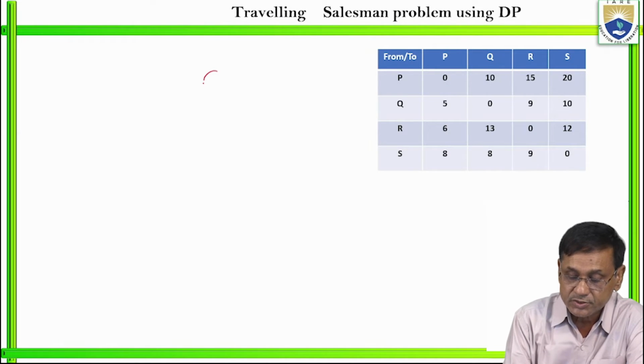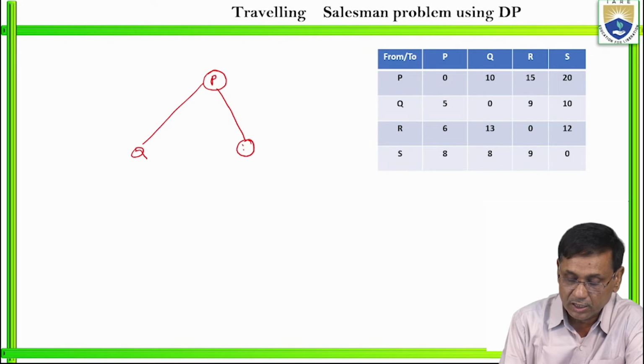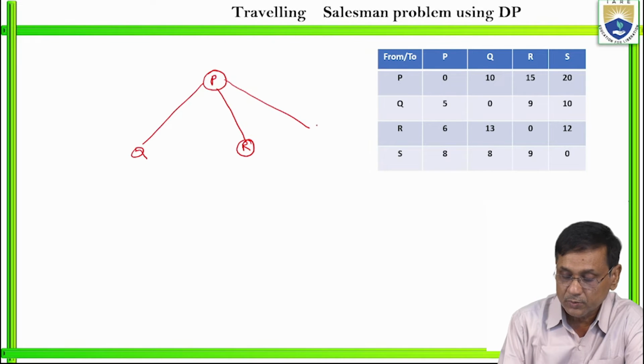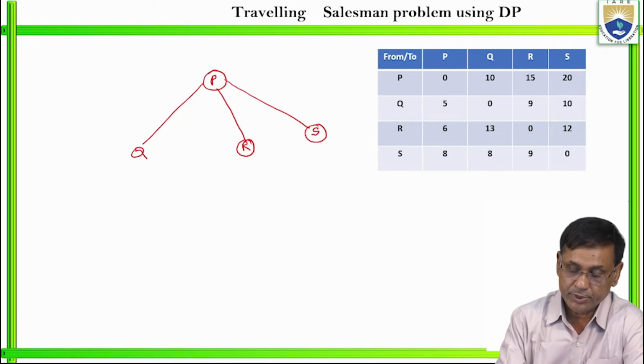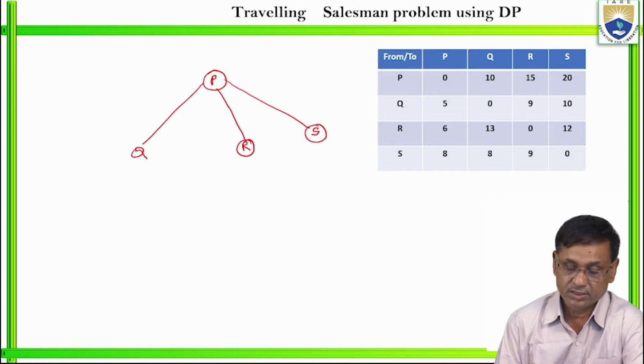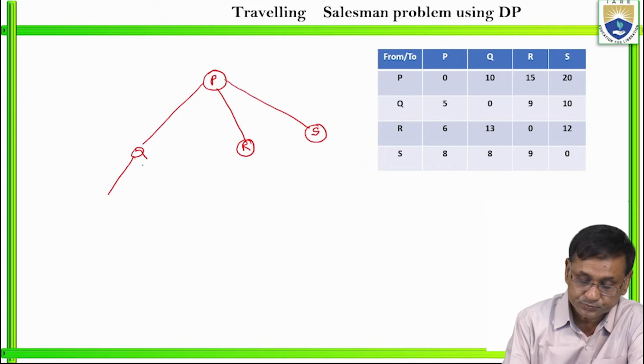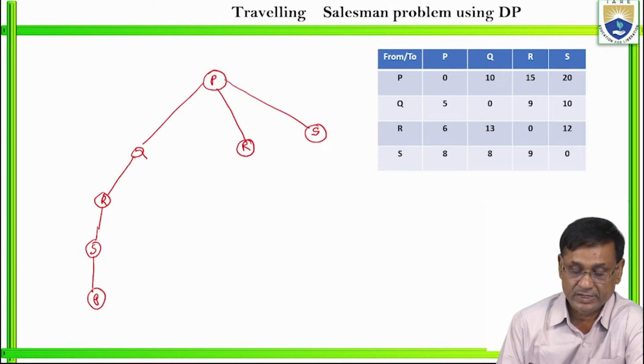So first we can start from P, then we can go P to Q, P to R, and P to S. So the salesman can go from P to Q, P to R, or P to S. Then from Q, he can go Q to R, R to S, and S to P. This is one path.